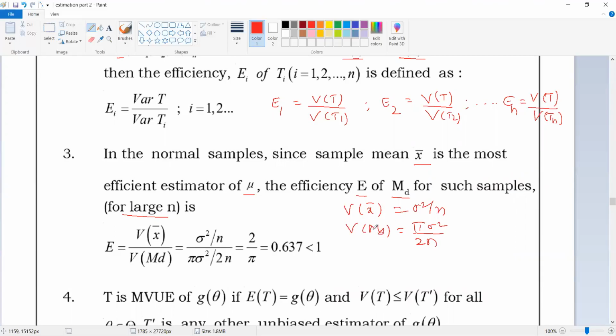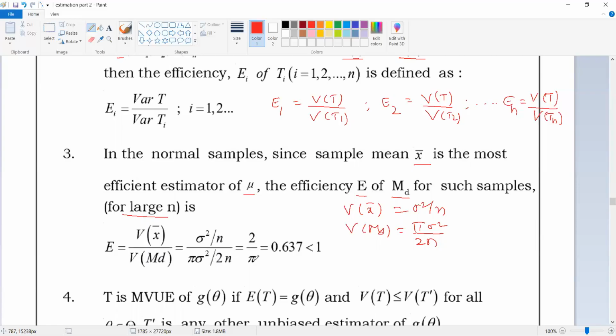This is the sampling distribution of the sample statistic median. The expectation of the median is equal to mu, but the variance of the median is equal to pi sigma square by 2n. Now we have to examine the efficiency of the median compared with x bar, which is the most efficient estimator. So variance of x bar by variance of median is sigma square by n divided by pi sigma square by 2n.